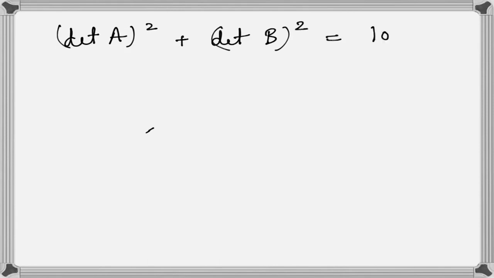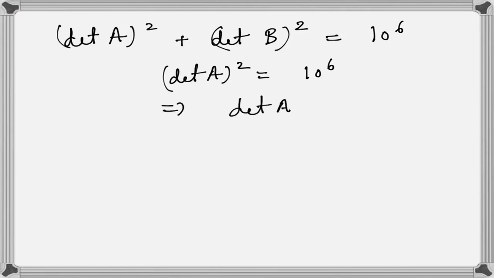So determinant A square plus determinant B square equals 10 to the power 6. Determinant B is 0, so determinant A square is equal to 10 to the power 6. Given determinant A is greater than 0, determinant of A is equal to 10 to the power 3.